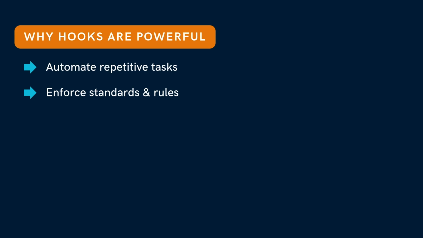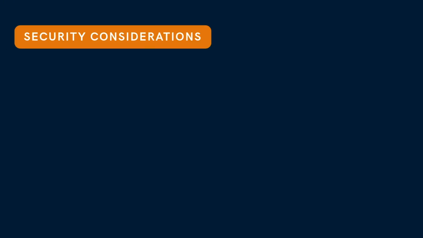And finally, hooks improve reliability and security by making sure essential steps always run before anything moves forward. Whether that's validating inputs, checking permissions, or logging actions. When you put all of this together, hooks help you build workflows that are faster, more consistent, and much easier to maintain.